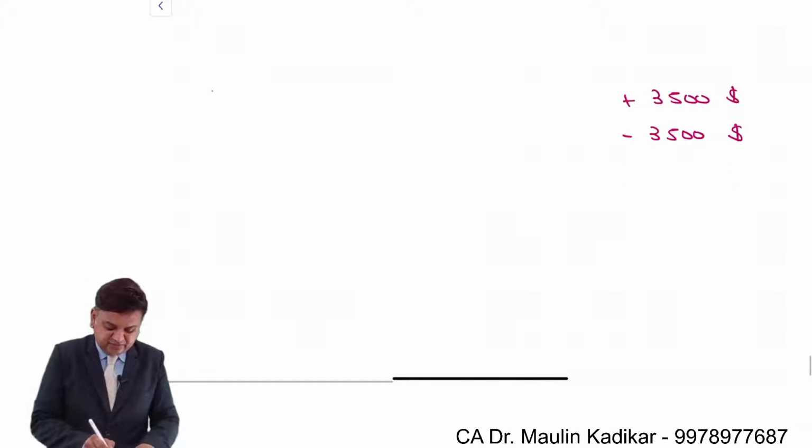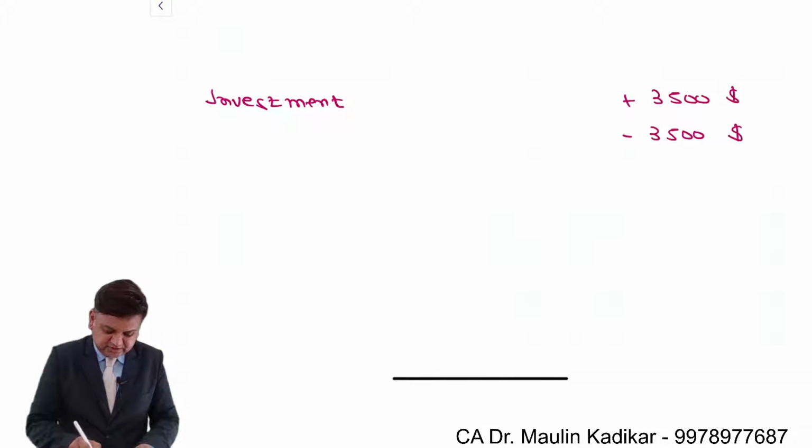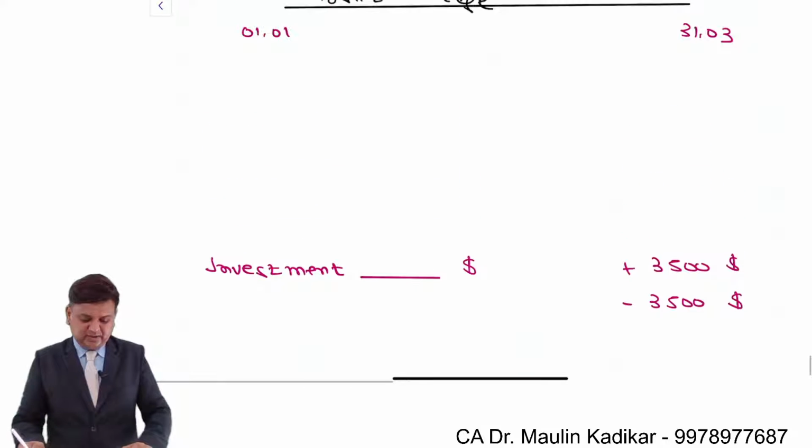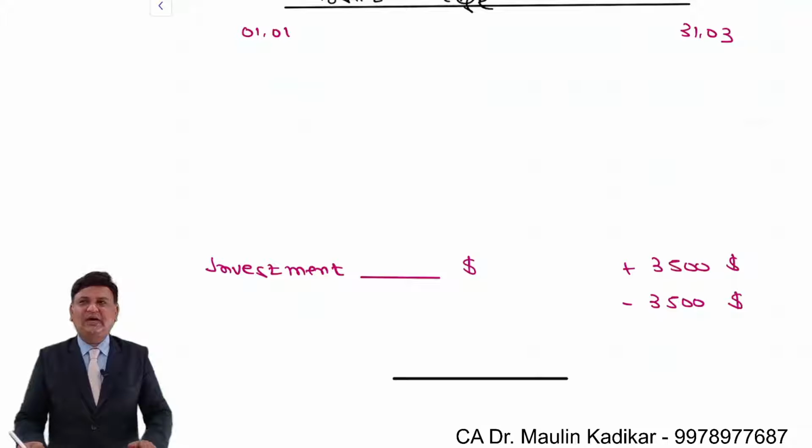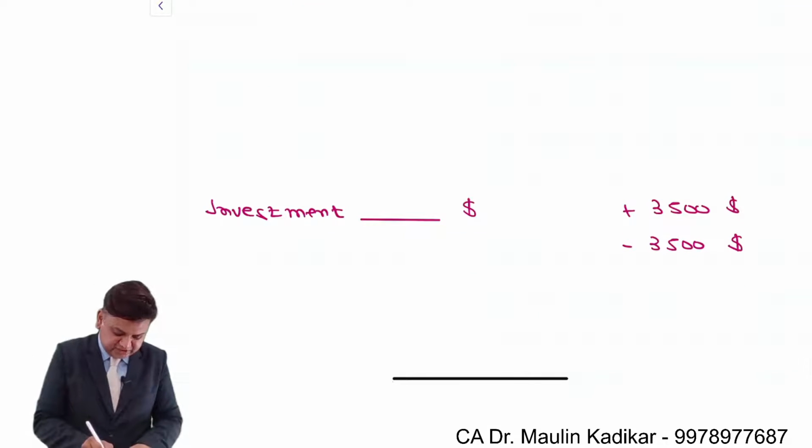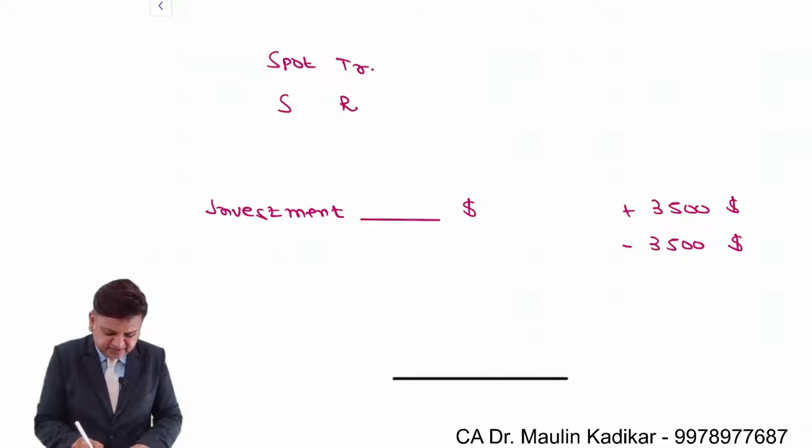It means that we are required to make investment of this amount of dollar. How can I invest? I have rupee currency as my domestic currency and dollar is a foreign currency. No problem. Enter into spot transaction for sell of rupees and purchase of dollar.